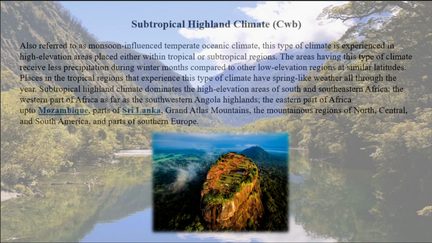Places in the tropical regions that experience this type of climate have spring-like weather all through the year. Subtropical highland climate dominates the high-elevation areas of South and Southeastern Africa, the western part of Africa as far as the southwestern Angola highlands, the eastern part of Africa up to Mozambique, parts of Sri Lanka, Grand Atlas Mountains, the mountainous regions of North, Central, and South America, and parts of southern Europe.